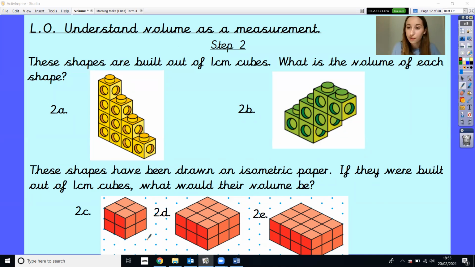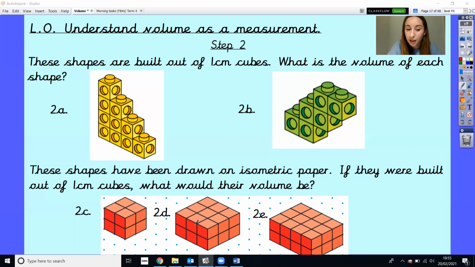So for this second set of shapes, it's that extra challenge like we just did earlier, where we've got to think, well, what are the hidden cubes? So instead of counting every single cube like we can here, we have to think, well, how many rows of how many? So here I know I've got 2 by 2, and there's 2 lots of that. So I can think 1, 2, 3, 4. Okay, how many on the next part? Same here.